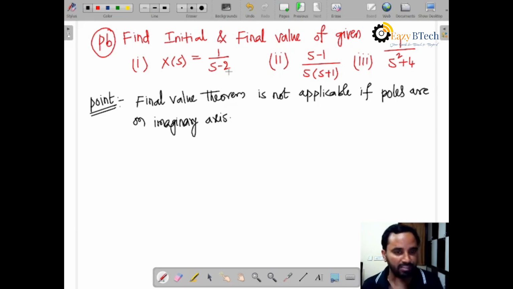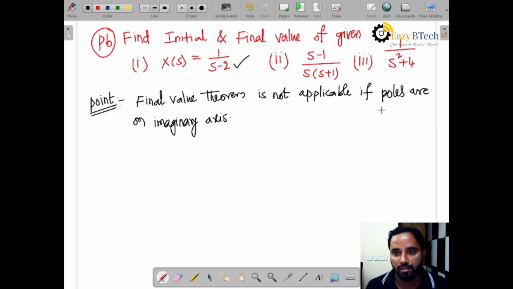Pole means denominator roots. So here s minus 2, what is the root? s equal to 2. It is in the right half of the s plane, so the final value theorem we can apply. Here s is equal to 0 and s is equal to minus 1, so we can apply the final value theorem.